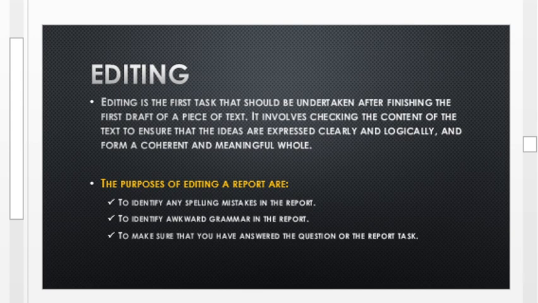Okay, so it involves checking the content of the text to ensure that the ideas are expressed clearly and logically and form a coherent and meaningful whole.